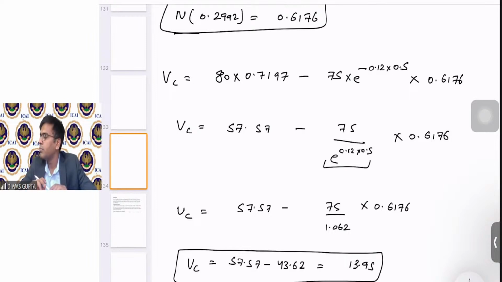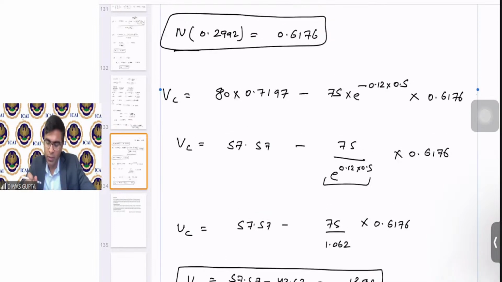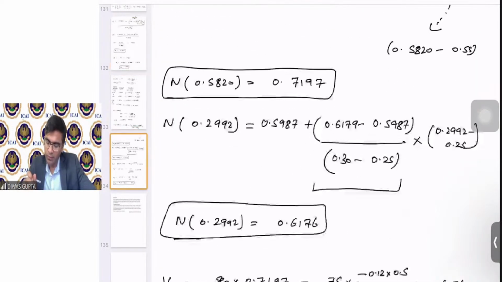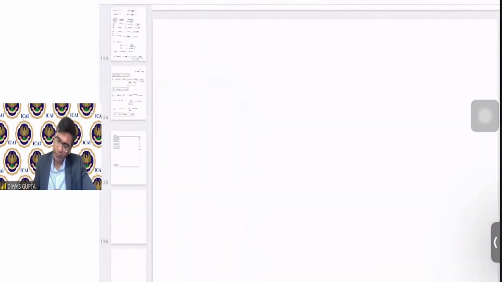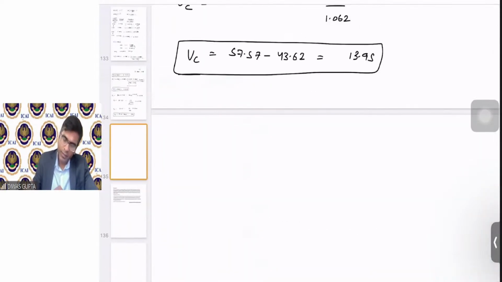Tanisha is asking, but could you please once explain, since I got an answer of 0.46448 upon solving the equation. Okay, Tanisha, let me again put down the equation. See, we have to calculate the normal distribution value of 0.5820, right?